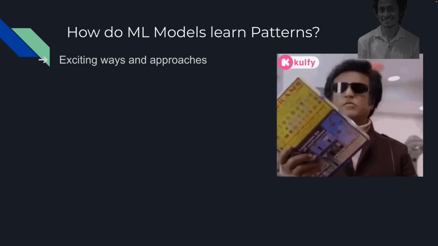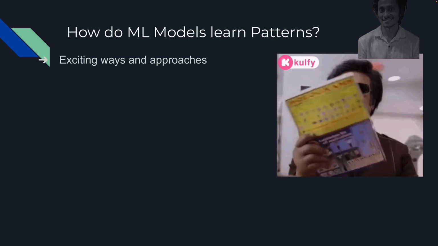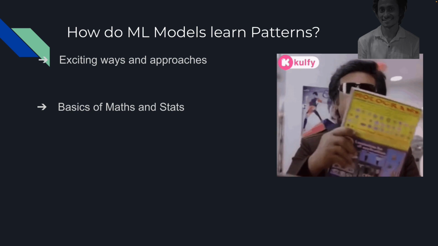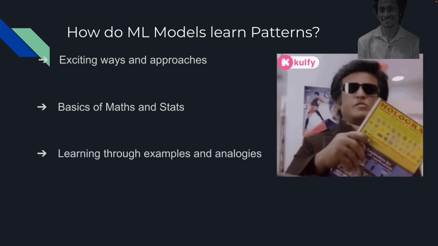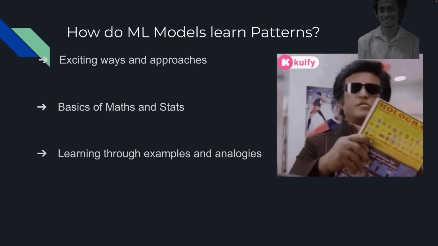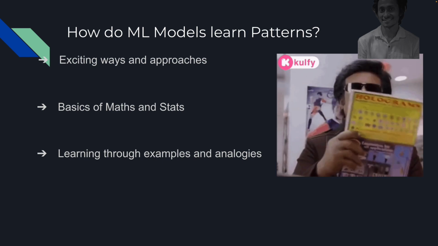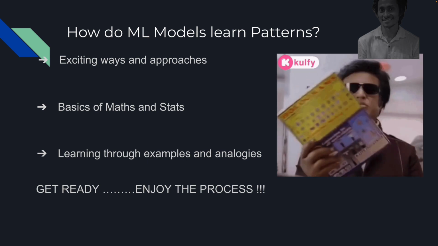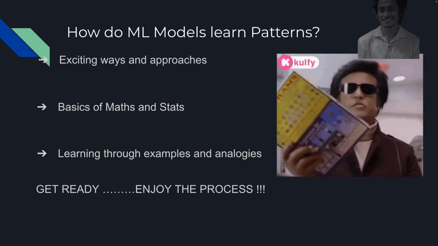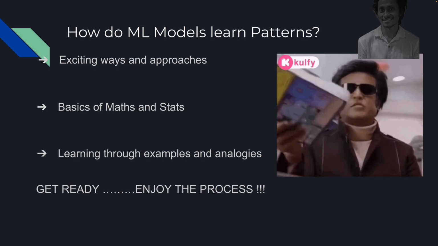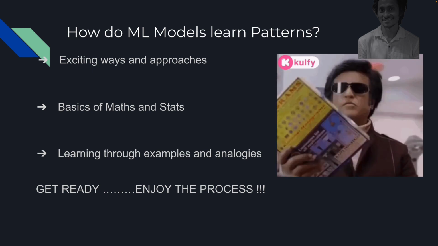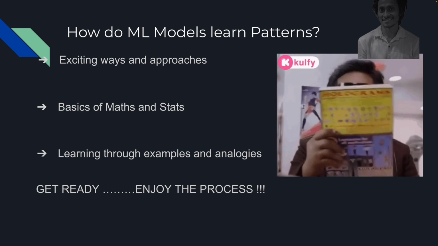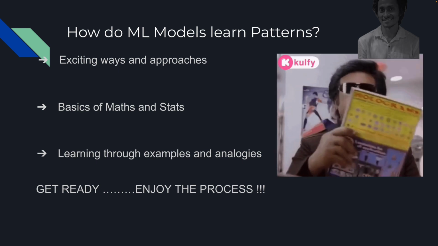Well, to know that, we have to look at lots of exciting ways and approaches of learning which involve lots of basics of mathematics and statistics, and we will be learning all of these concepts through lots of examples and analogies. So get ready to enjoy the process, where in the further videos we will look at the how part of machine learning, which involves lots of mathematics and approaches using which patterns are learnt from the data and the future is predicted as accurately as possible.